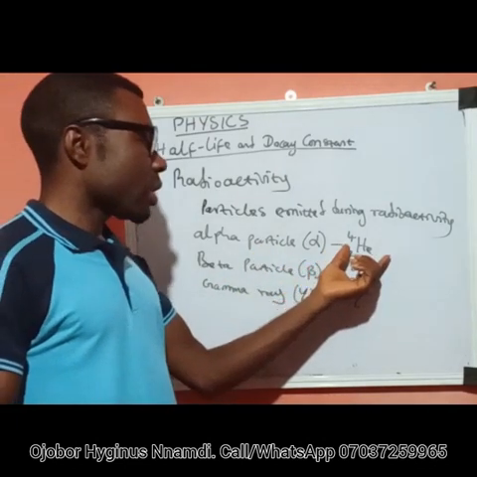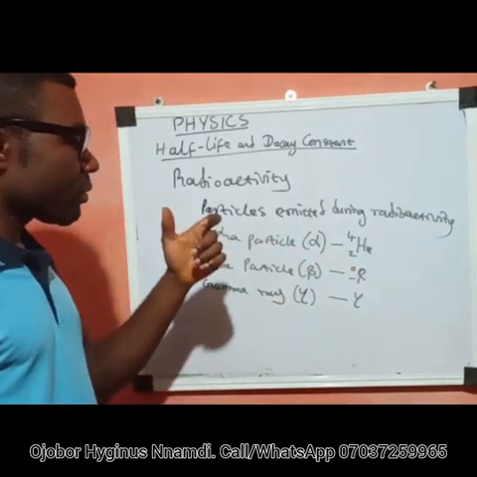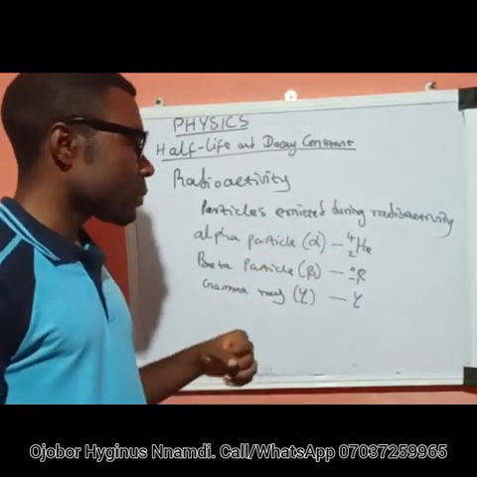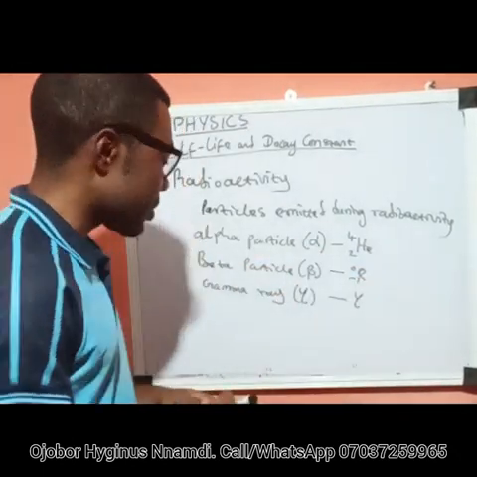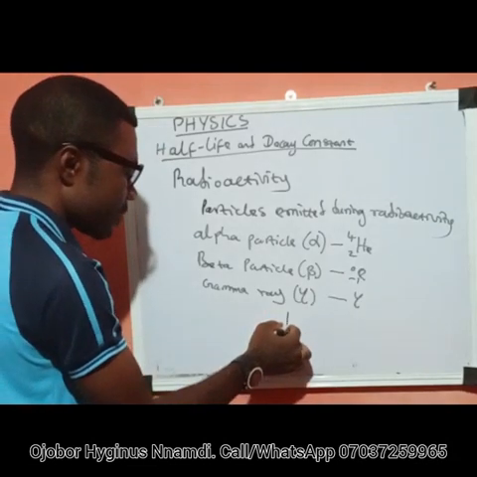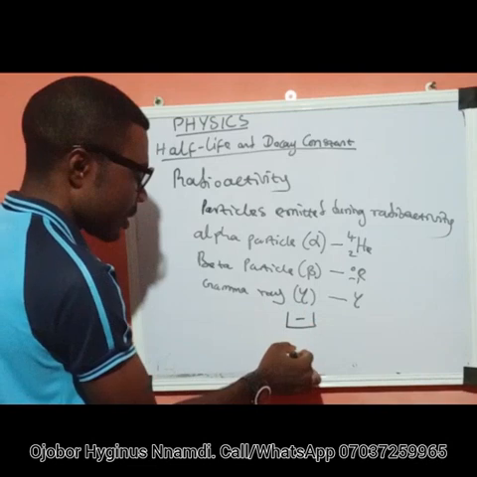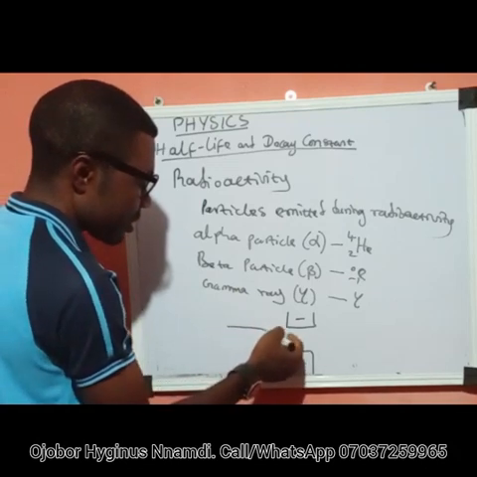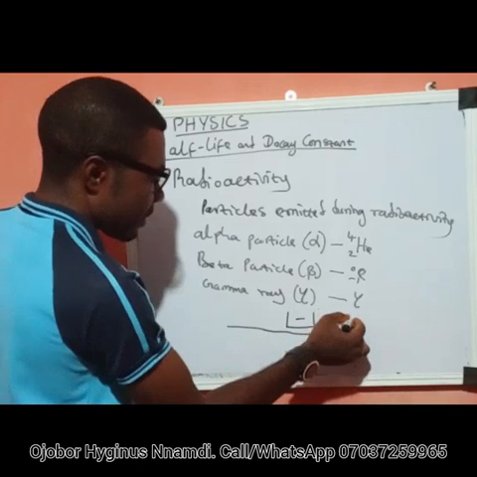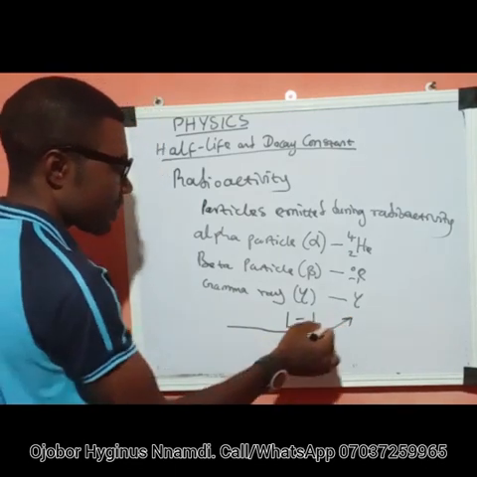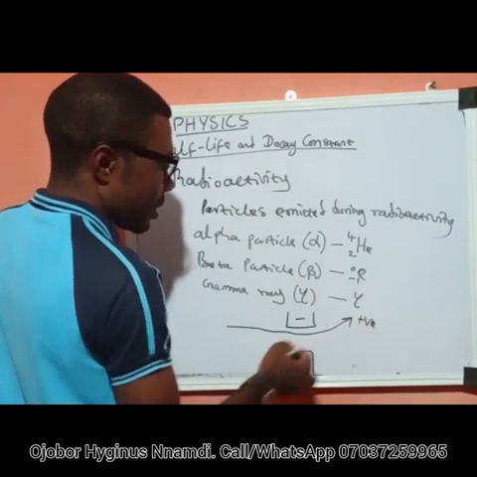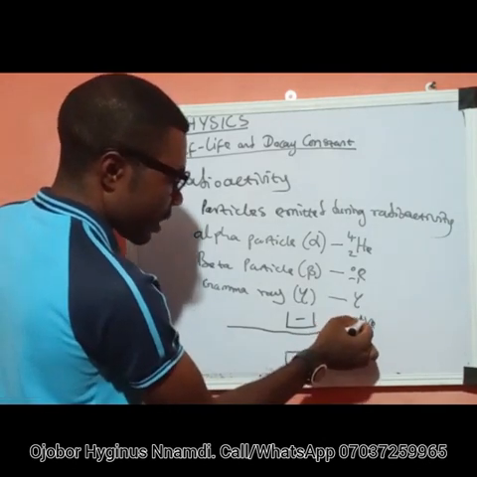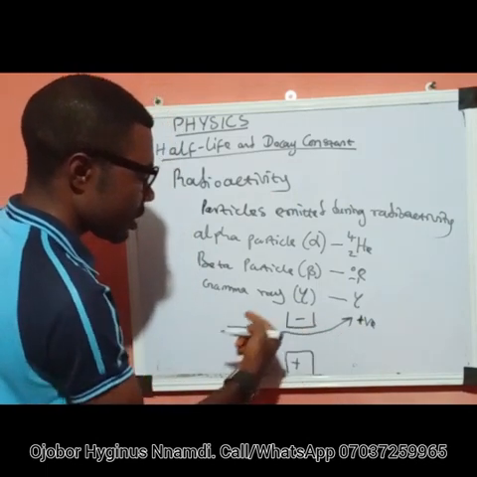The alpha particle was observed to be affected by electrical or magnetic fields. When an alpha particle passes through an electrical field, it slightly deflects. If you have a negative charge and a positive charge, an alpha particle has a slight deflection to the negative, because an alpha particle is a positively charged particle, so it is attracted slightly to the negative polarity.